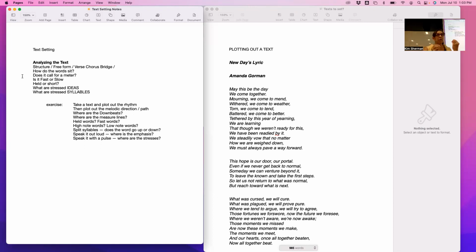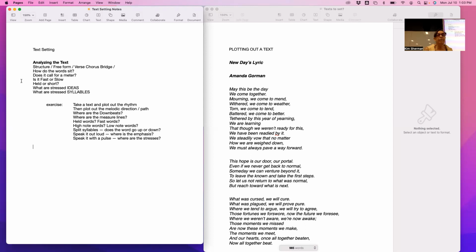Does it call for a regular meter or does it want to be a changing meter? Is it fast or slow? Should a word be held or is it a short word? Some words are not holdable and other words are very holdable, and we can talk about that.